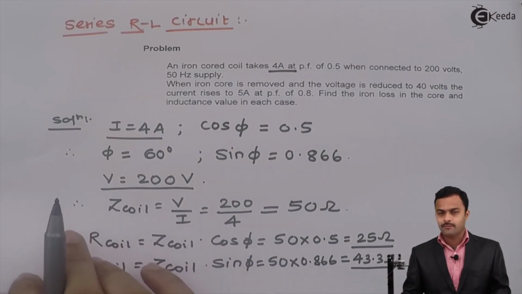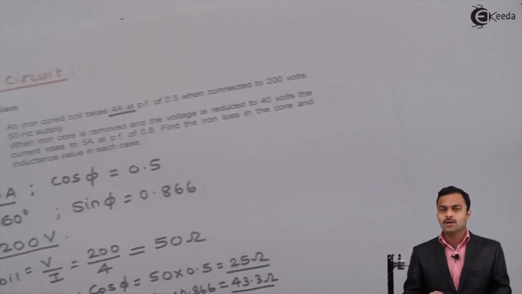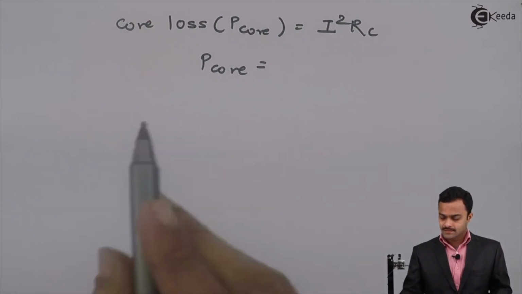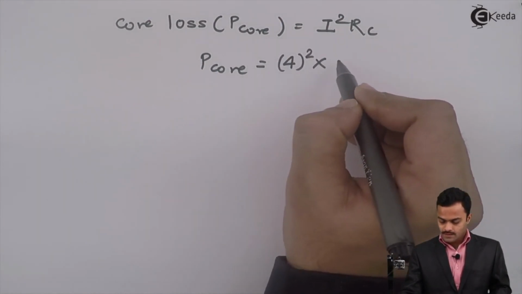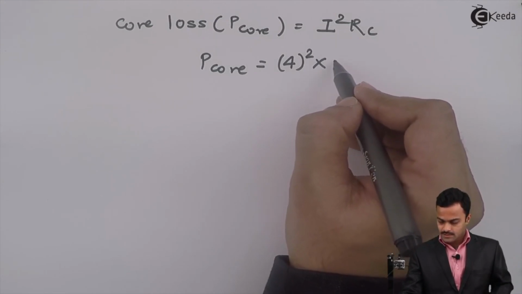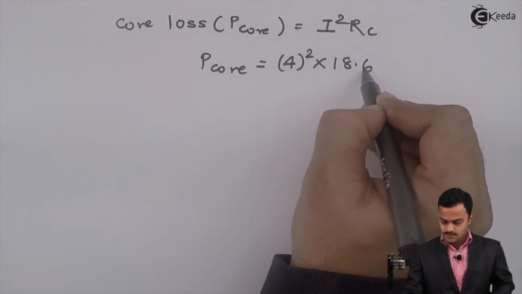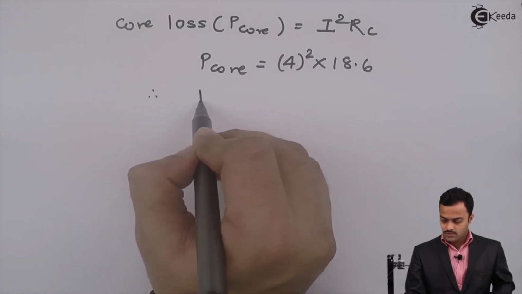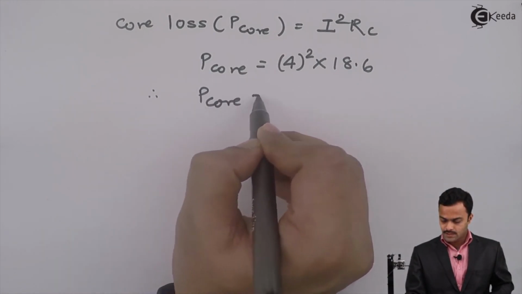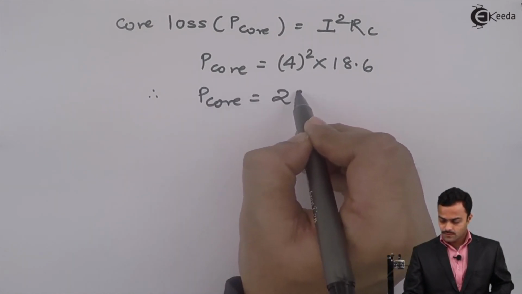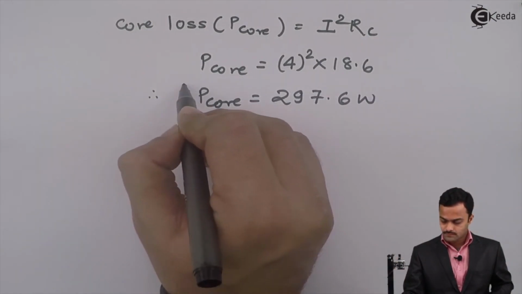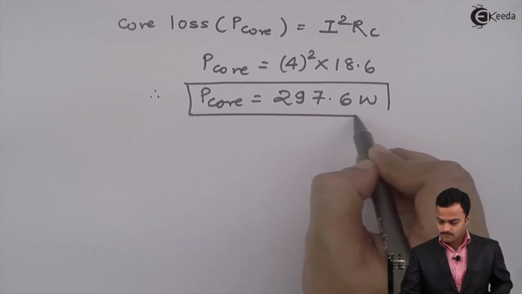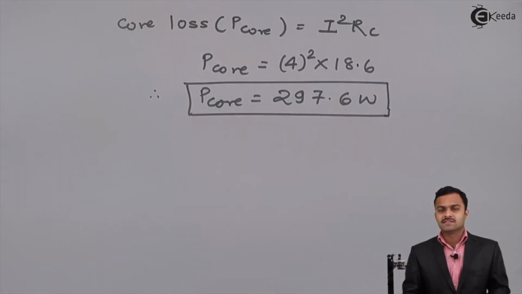You have to take the 4 ampere current, because at that time core will be present. So I value is 4 square, and RC is 18.6. So if we solve, core loss you will get as 297.6 watt. This is the required answer. Thank you.